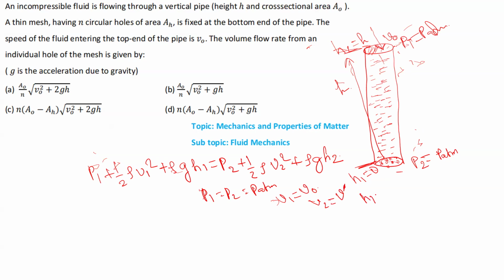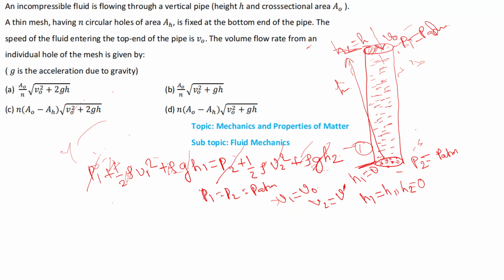Height H1 will be H, while H2 will be 0, because the total height of the pipe is H. From this equation 1, the pressure P will cancel, the last term will be 0, and rho from each term will cancel.